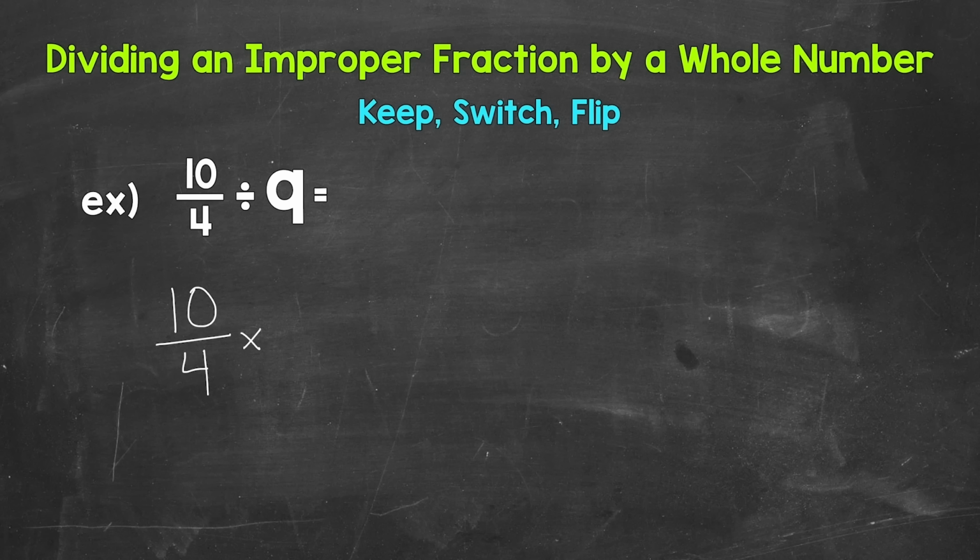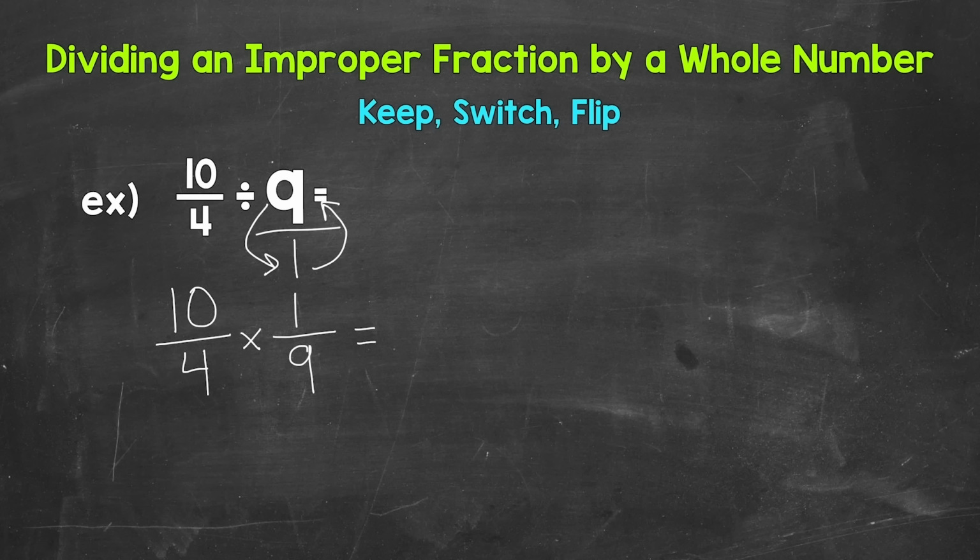Well, we flip that 9 by writing it in fractional form. And remember, we can write any whole number in fractional form by putting it over 1. And now we can flip it. So 1 is the numerator, and 9 is the denominator. So keep, switch, flip. And then we can multiply straight across now.